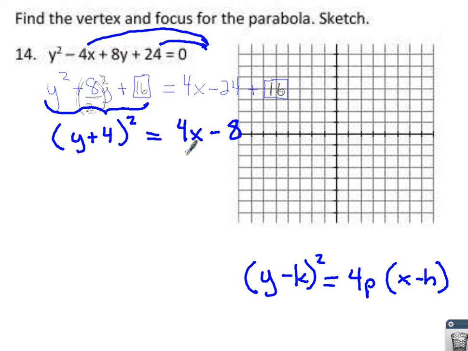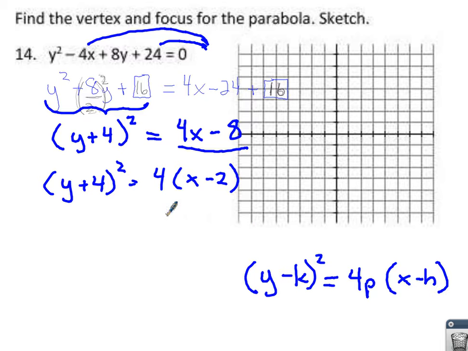So all I have to do now is find a common factor here, and I have my equation in standard parabolic form. Equals 4 times x minus 2. So that's exactly what I want it to look like.